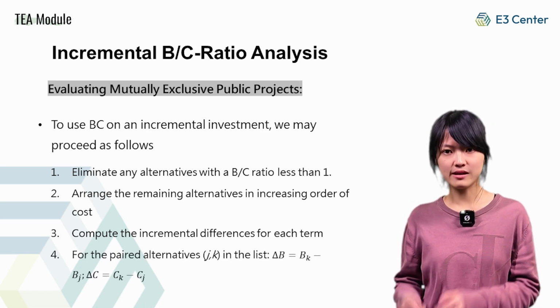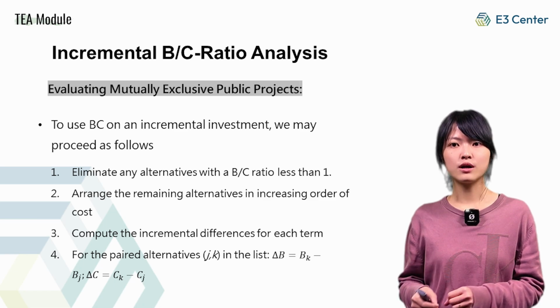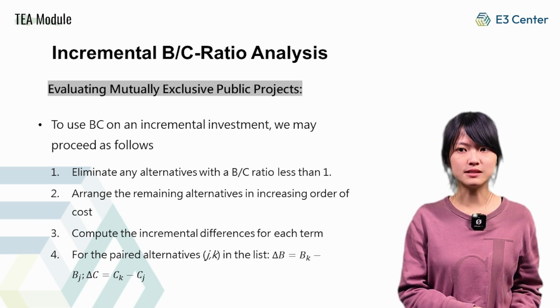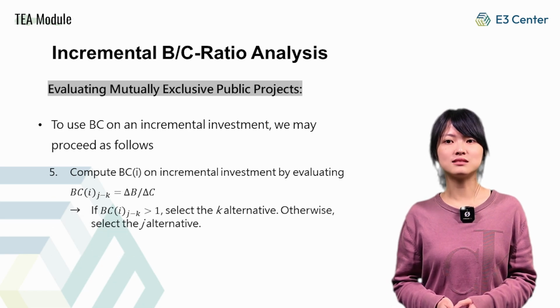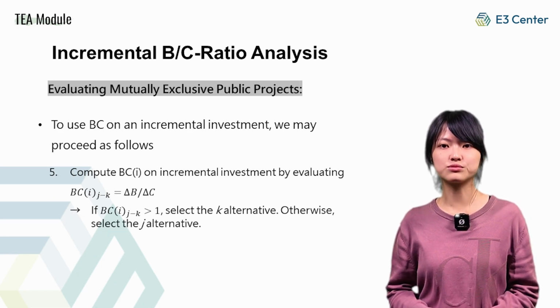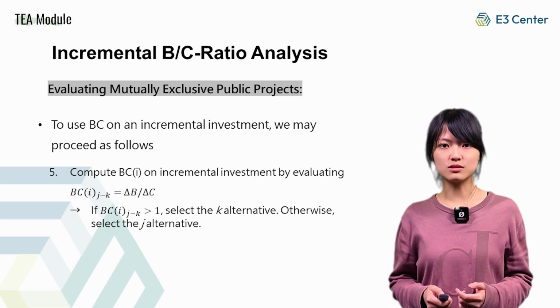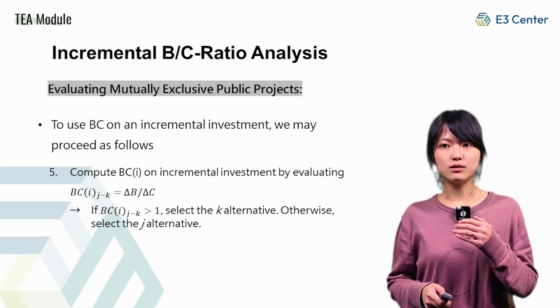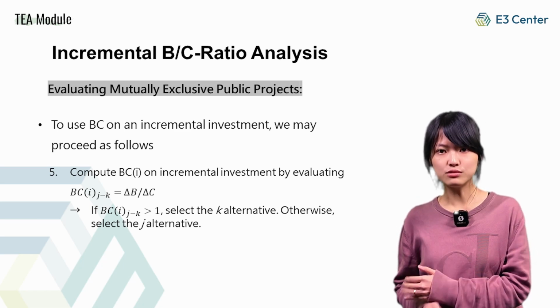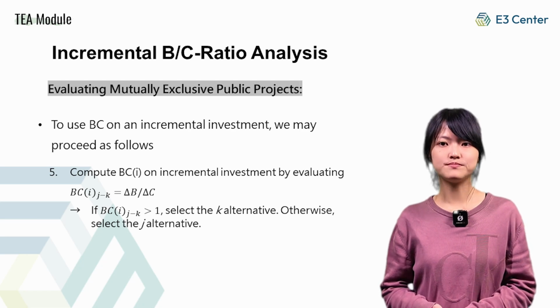For each pair, like J and K, where J is the less expensive alternative compared to K, calculate the incremental benefit cost ratio. Such a ratio will tell you how much additional benefit will be gained per unit of additional cost.